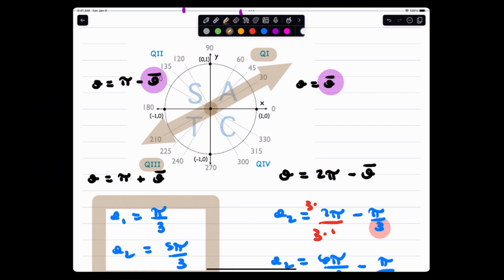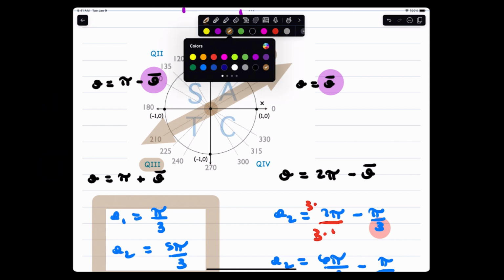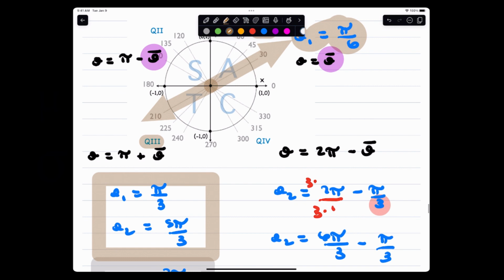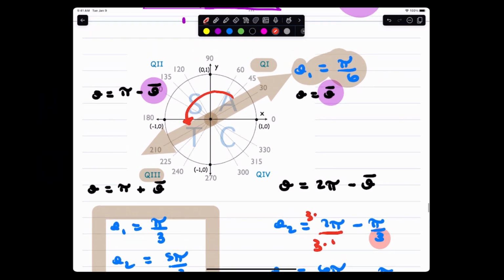I'm just going to share something interesting with you guys. I'm going to share it early now. Do you guys happen to know what's the relationship? So if that first angle, by the way, was 30 degrees, pi over 6, is that what we said? That first solution? Yes, I can use the reference information, but I want you guys to notice something here, okay? You guys see how these solutions are in opposite quadrants?